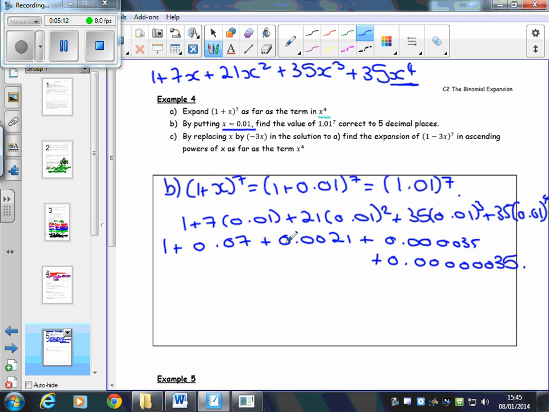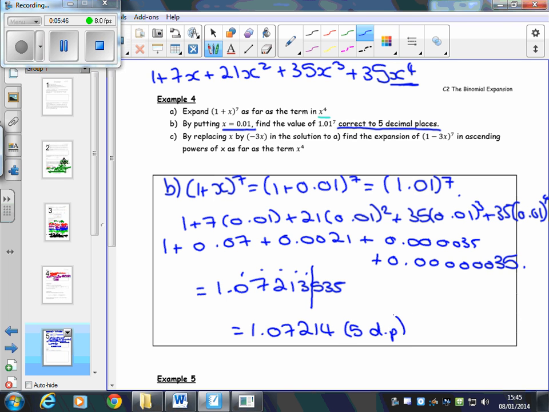And adding all these together will give us 1.07213535. But remember, we're just wanting ours correct to 5 decimal places. So that's 1, 2, 3, 4, 5. So we're going to have to round up because that's a 5, which will give us the estimation 1.07214 correct to 5 decimal places.